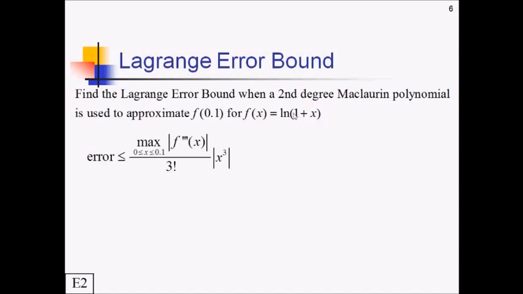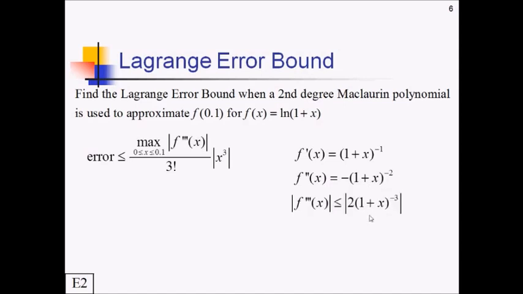First derivative, we're going to have 1 over 1 plus x, or 1 plus x to the negative 1. Second derivative, we've got negative all this stuff to the negative 2. And conveniently, there's no tail to worry about because it's just a linear function with a derivative of 1 inside there. Third derivative, we've got 2 times all this to the negative third. And at this point, in order to find my max f triple prime value, I need to plug in something for x.